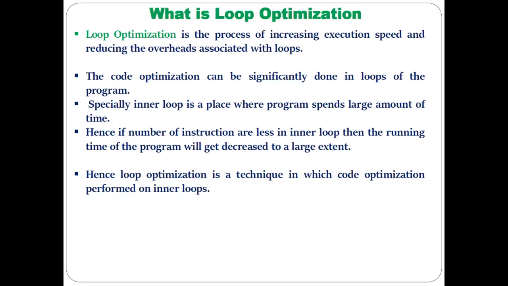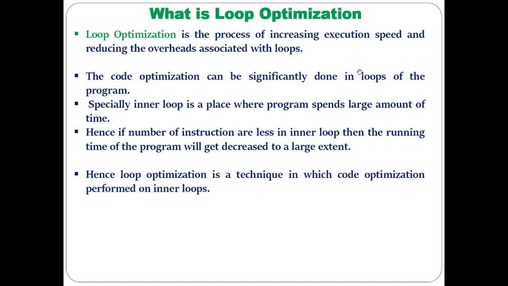And because of that, is it possible to increase the execution speed, and also reduce the space required for the program? If you do such things in the code which is written using a loop, then that particular optimization is called loop optimization.